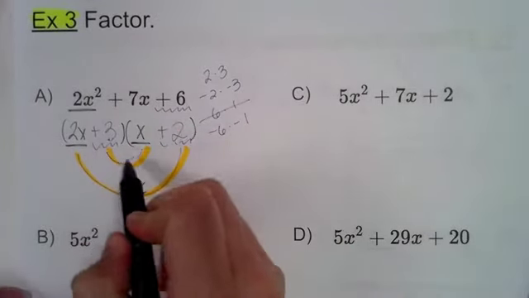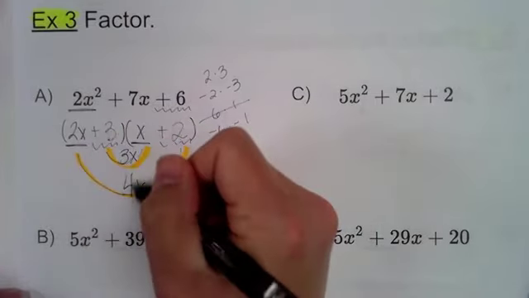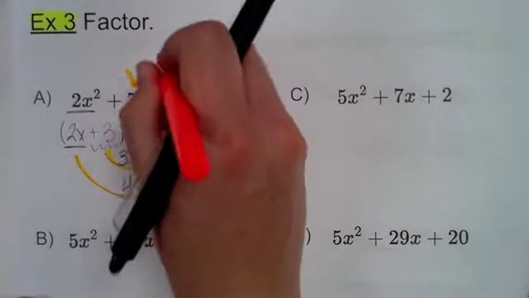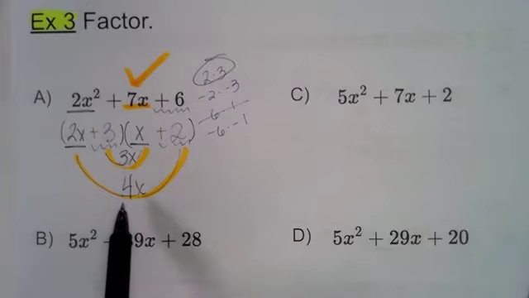And 3 times x is 3x. And when we add those together, we get 7x. Okay? So you do have to be careful. And that's where teaching you to check the rainbow is the best thing. Okay? Just check your rainbow and make sure you did it right.